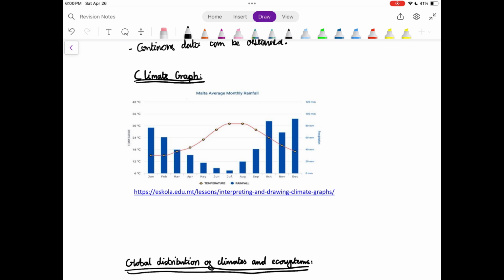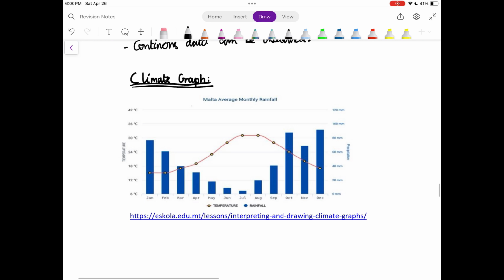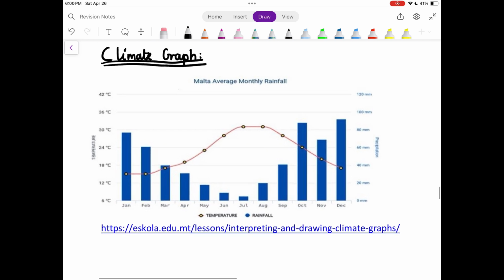And basically, now we're going to be looking at climate graphs. So basically what a climate graph shows is how weather characteristics such as the temperature and rainfall change over the course of a year. So this is an example from Malta, which is an island country in the Mediterranean.